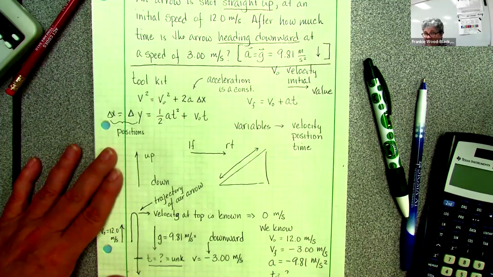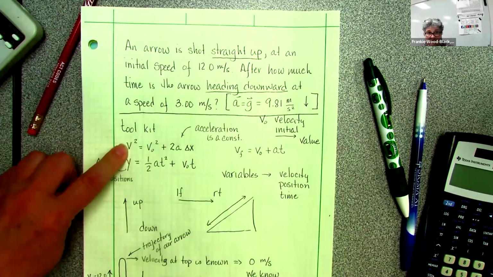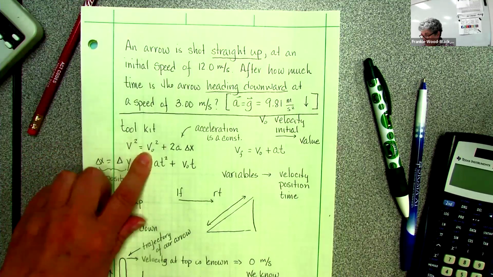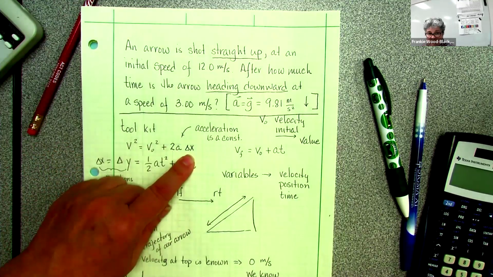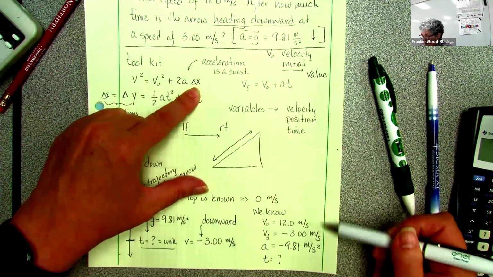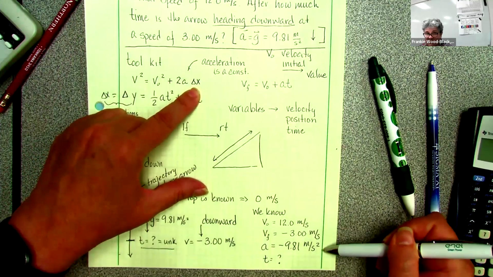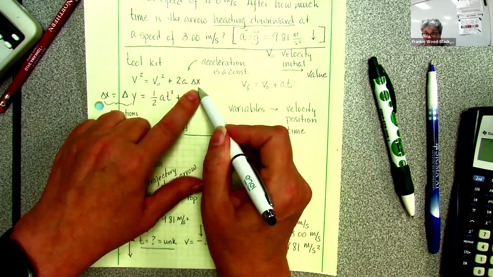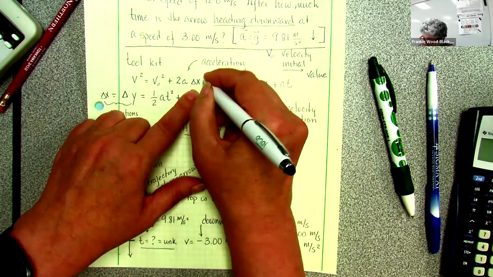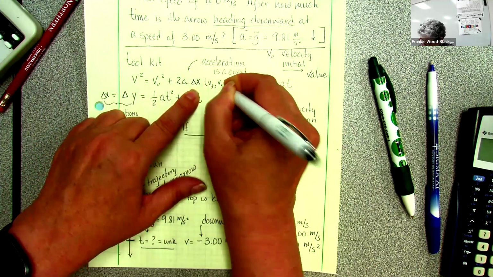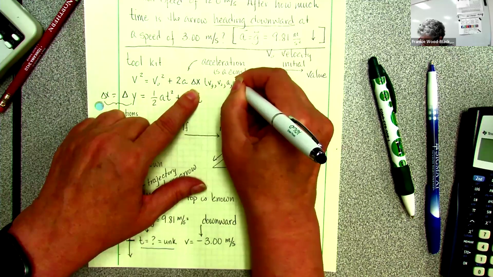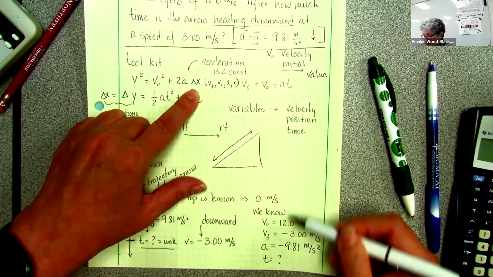So let's go back and let's look at our equations. Well, we got velocity final, we got velocity initial, we got acceleration. I know nothing about position, so that equation is not going to do me any good, because this equation is in velocity final, my initial velocity, acceleration, and x. Those are not my variables.